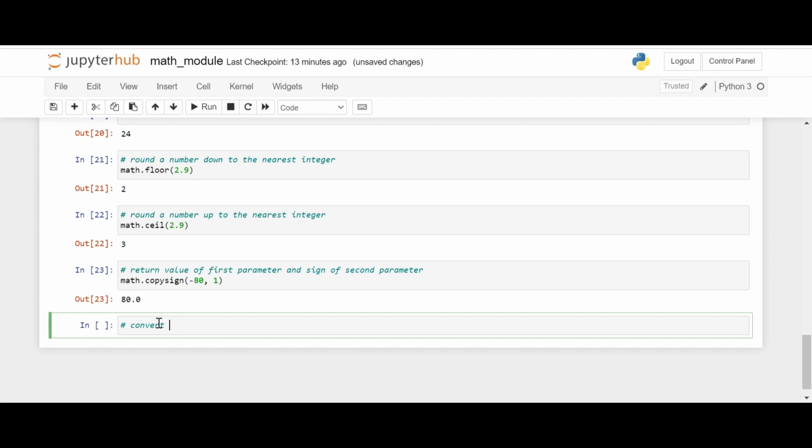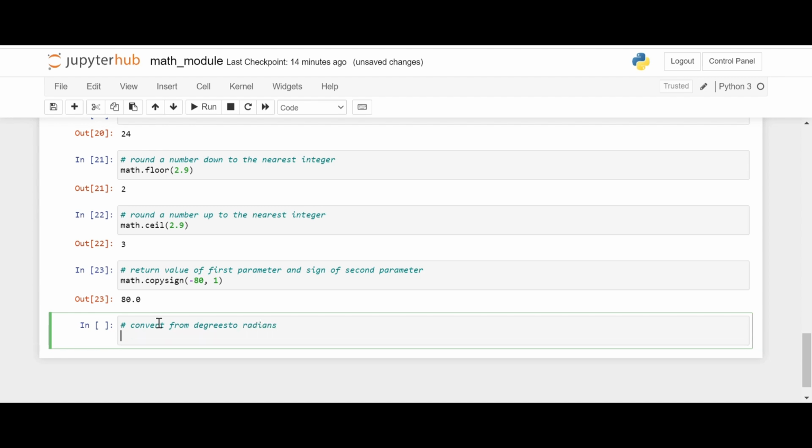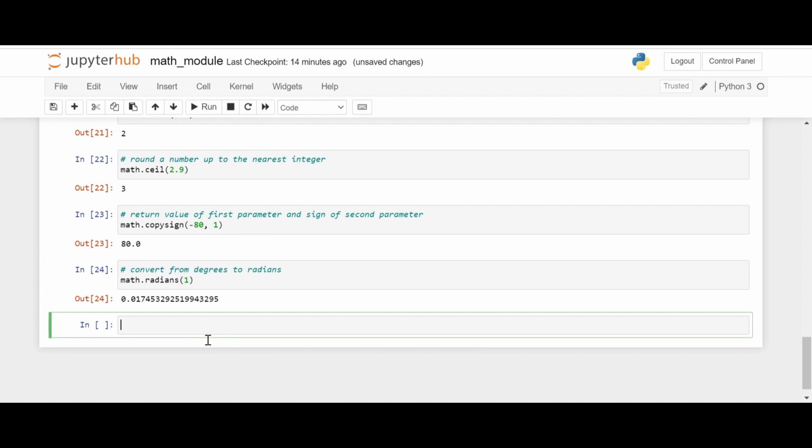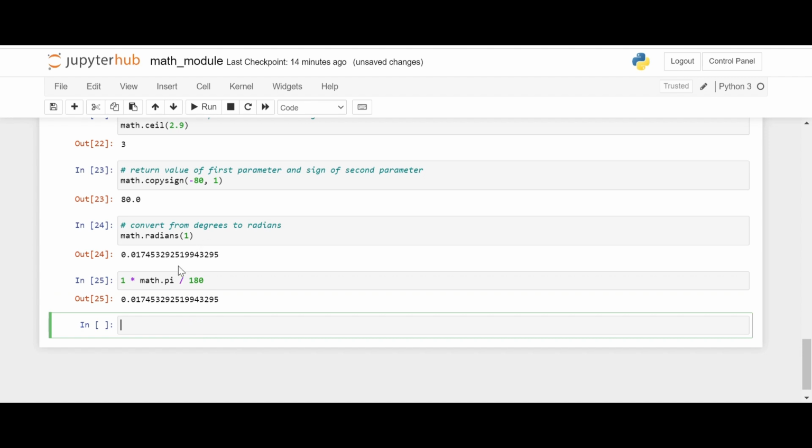Convert from degrees to radians. So math.radians. So the formula is, this one is this one, multiplied by pi divided by 180. This is the formula for converting 1 degree to radian. We can do the opposite as well.